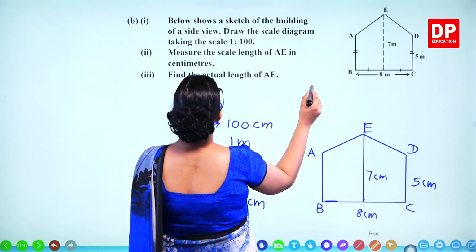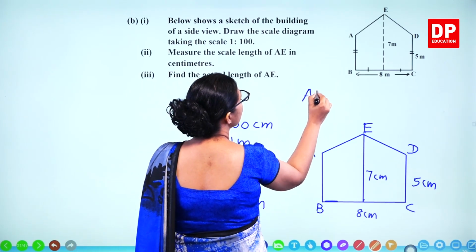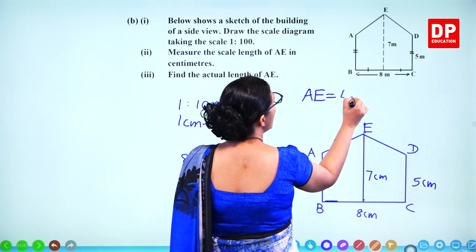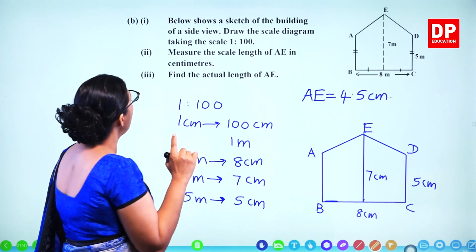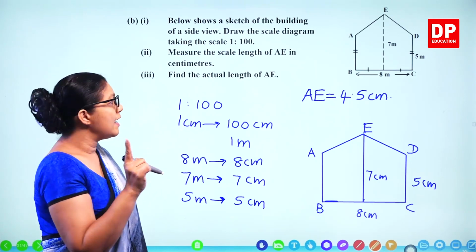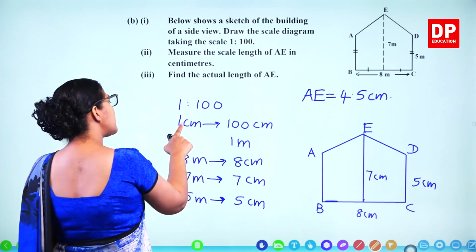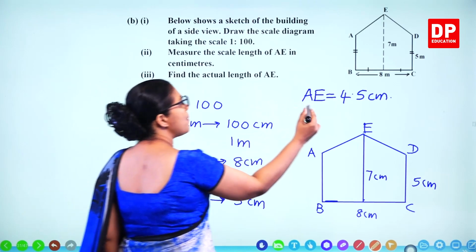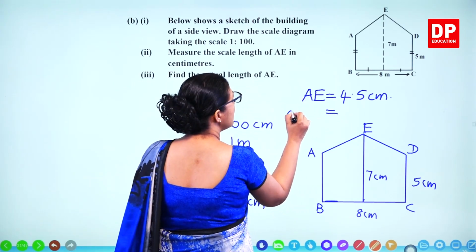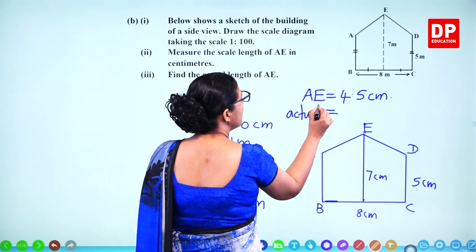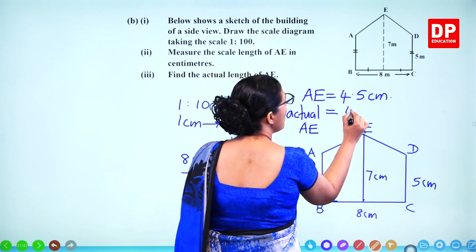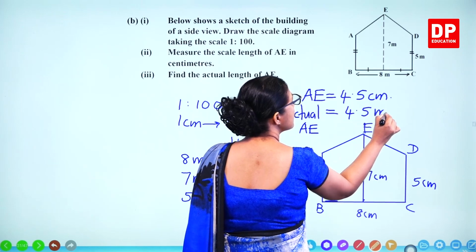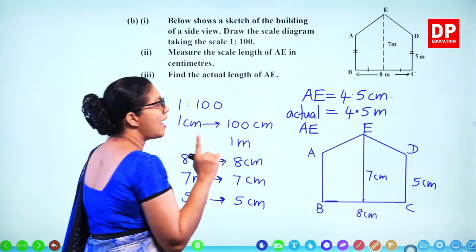So AE is 4.5 centimeters. And then find the actual length of AE. So what's the scale? 1 centimeter, 1 meter. So that means actual length of AE is 4.5 meters. So that's the actual length.